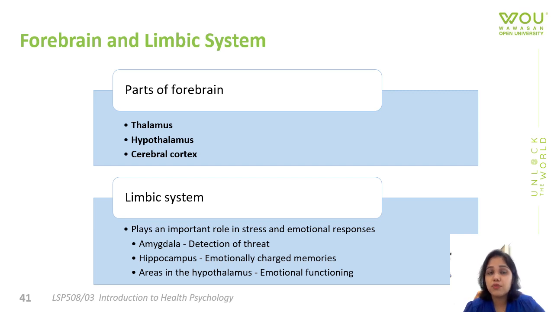The amygdala also functions for fear, anxiety, and threat. And the hippocampus is mainly for emotionally charged memories. So, for example, if a death of a family member had occurred, the hippocampus basically remembers these emotionally charged memories.